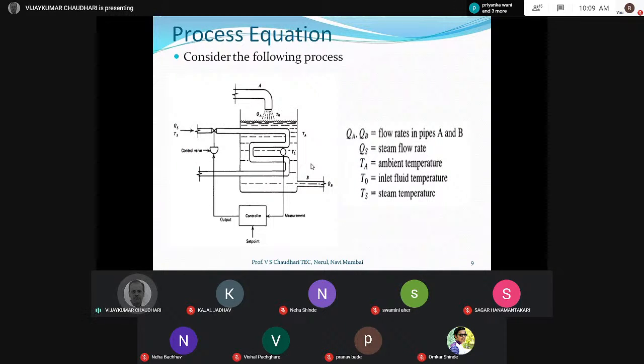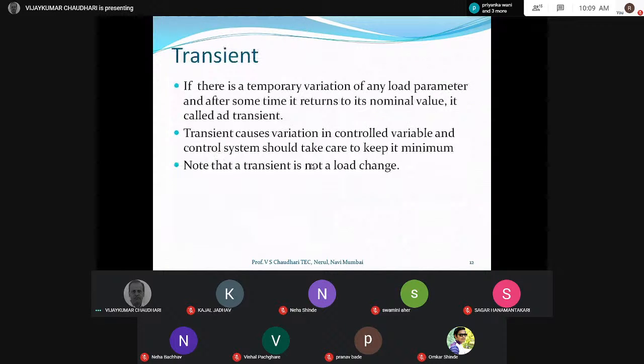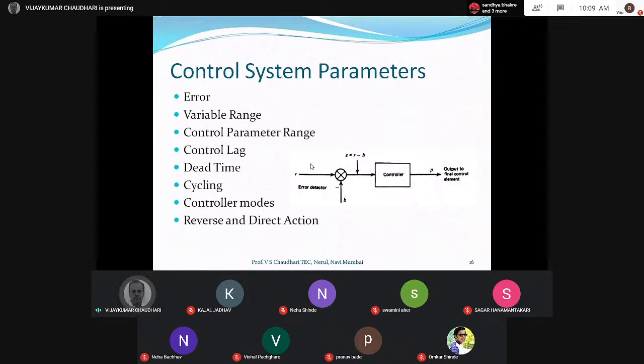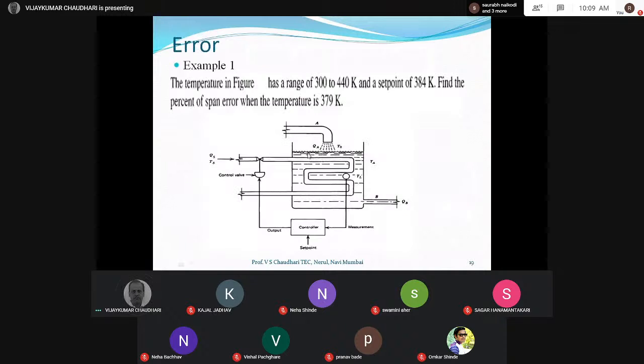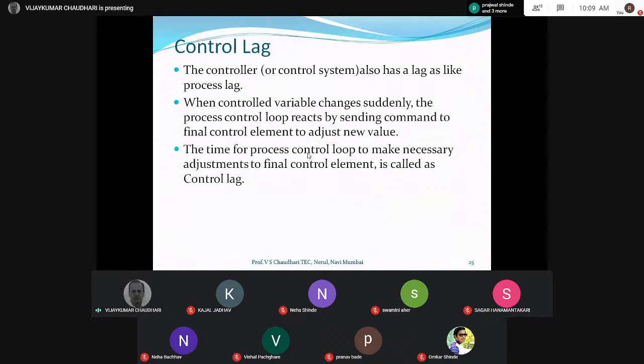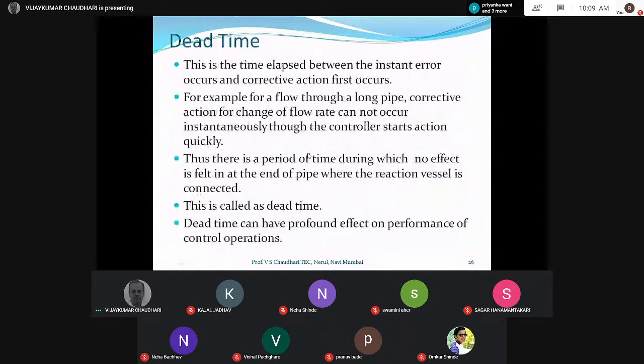These are the process characteristics that we discussed, and then control system parameters, controller parameters, and control variable. All these characteristics we discussed in the last lecture, right?